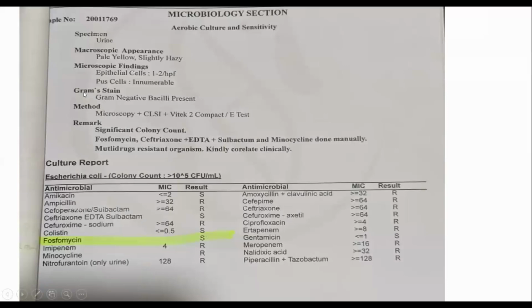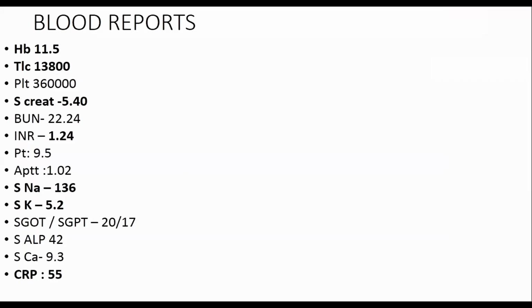The culture sensitivity shows innumerable pus cells. E. coli grew in the urine, sensitive to the drugs shown. The hemoglobin was 11, the counts were 13,800, creatinine was 5.4, INR was 1.24, potassium was 5.2, and CRP was 55.